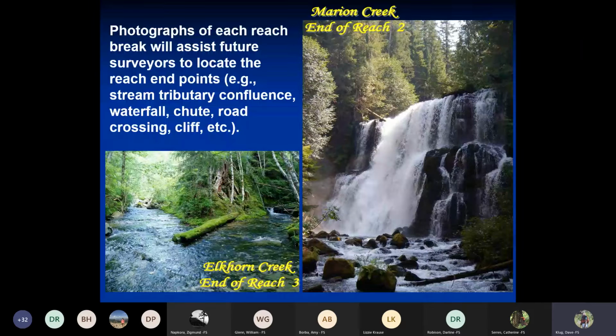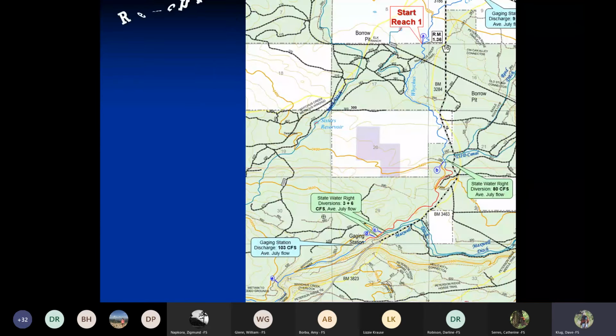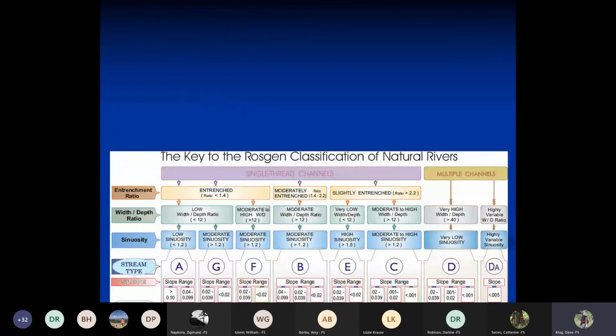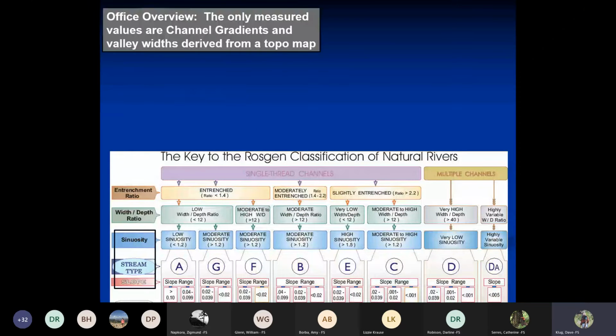Reach reality checks. Let's do a reality check on the characteristics of that reach that we had anticipated during the level 1 overview. How do they compare? The cool thing about doing the stream survey in the field is that in the office, you only get measured values of channel gradients and valley widths derived from a topo map.